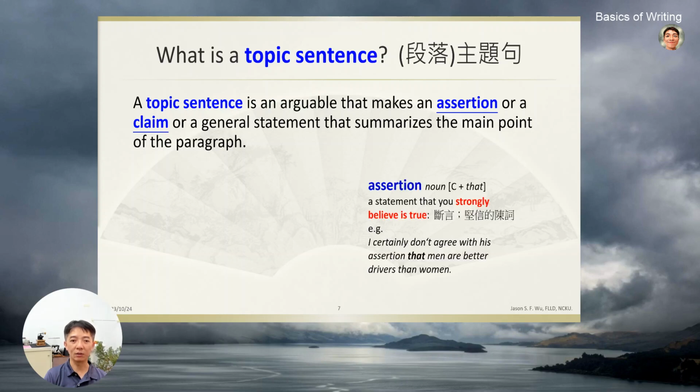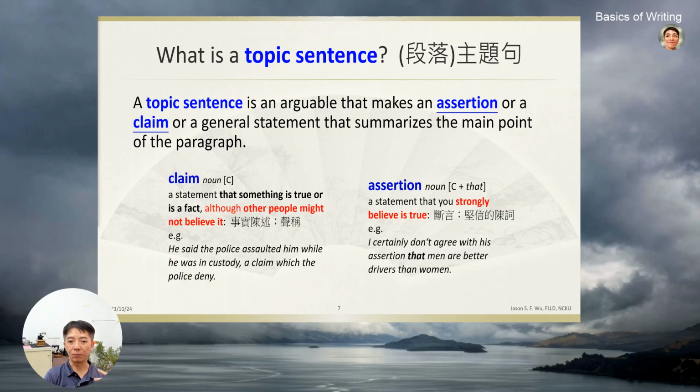So what is an assertion? An assertion is a strong belief, but you have to prove it. A claim is usually people say that so, may be true, may not be true, and you also have to prove it. So usually when we write a topic sentence, there are several ways to write a topic sentence, especially the strong topic sentence. So let's take a look at your handout together.